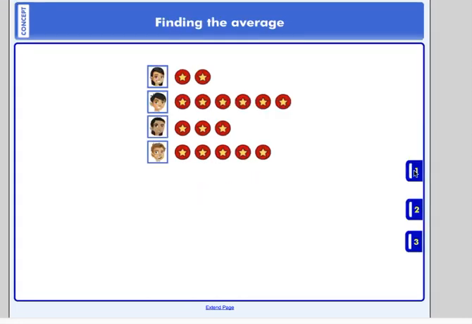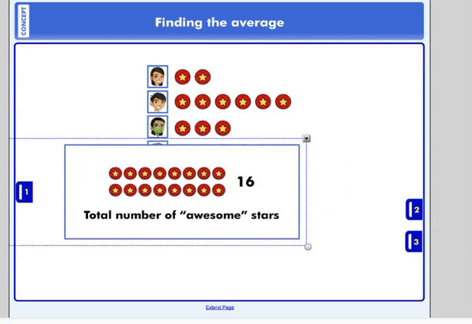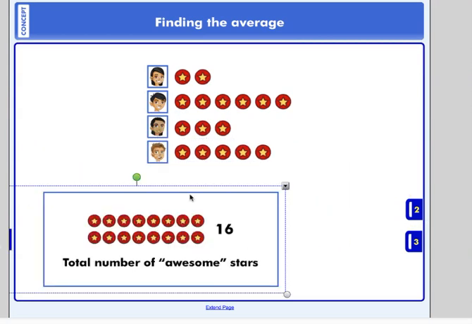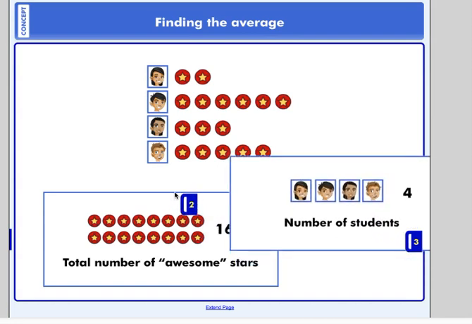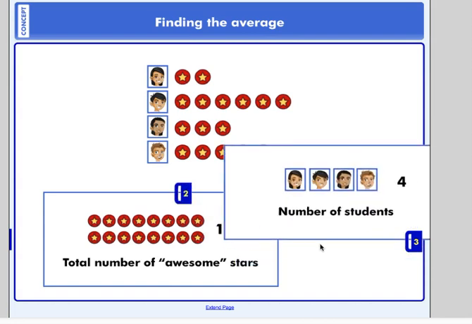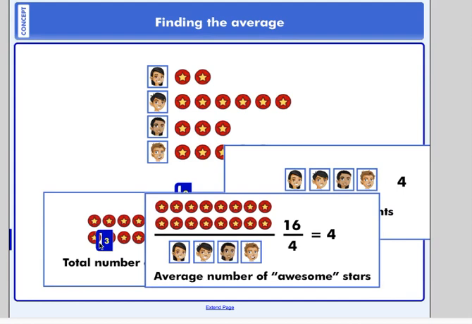This is one way to think about average. First of all, we can say we had 16 total stars if we add all of these up. 1, 2, 3, 4, 5, 6, 7, 8, 9, 10, 11, 12, 13, 14, 15, 16. And we had 4 students. So 16 was our total number of stars divided by 4 students. 16 divided by 4 equals 4.